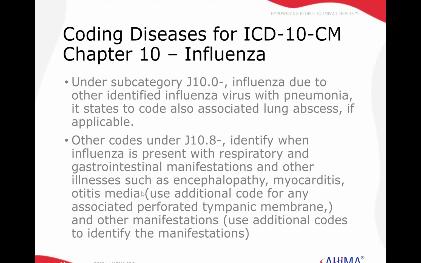And then under J10.8, we want to identify when the flu is present with other respiratory and GI manifestations. This was a big issue with COVID-19, so I want to make sure we pick up these other manifestations. They might be things like encephalopathy, myocarditis, which was big with COVID, otitis media, all these other different types of things.